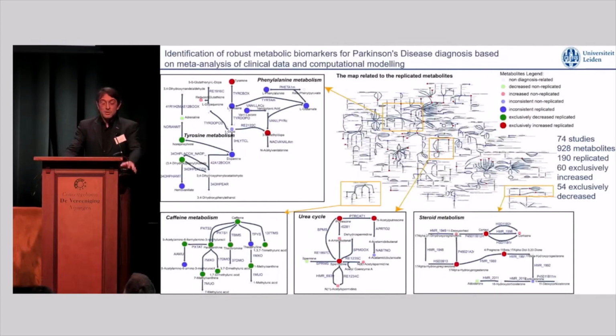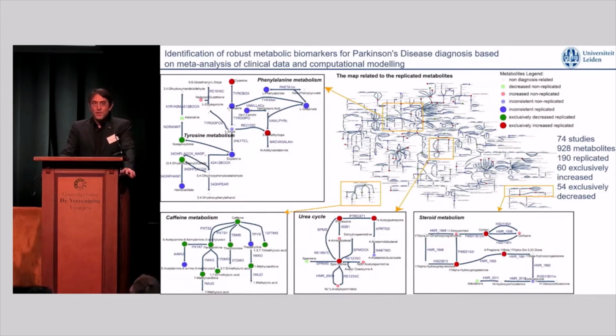So how do we use this protocol or this pipeline then in practice? Well, we have multiple studies ongoing with that. This is just one example. A great PhD student working with me at the moment went through 74 clinical metabolomic studies of Parkinson's disease that have been published since the first one.